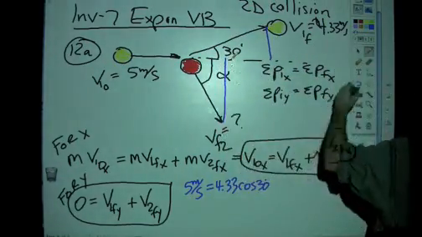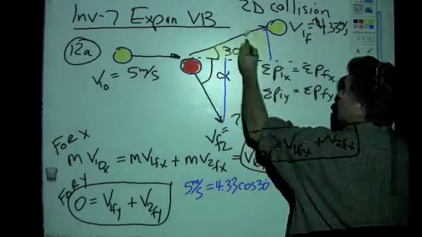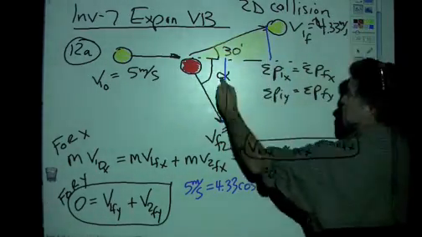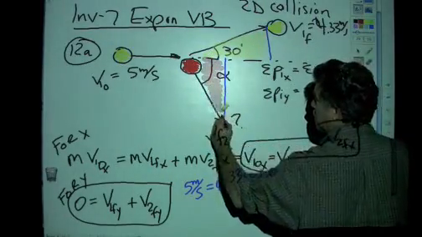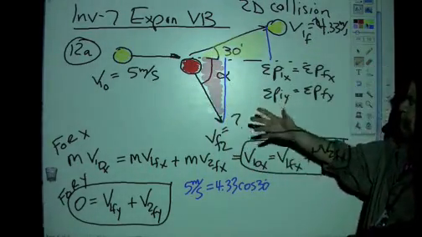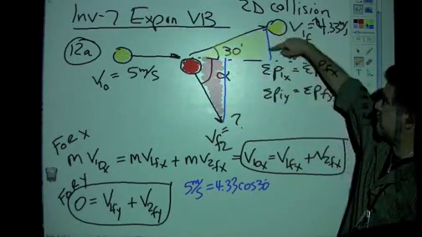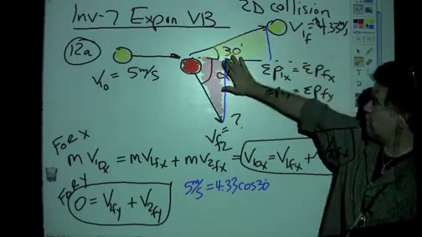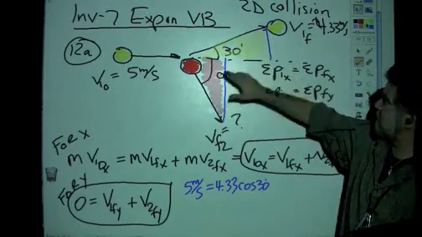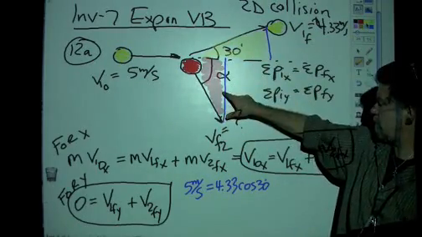I can make a yellow triangle and my red triangle. It turns out this is not drawn correctly, because this should be the same length as this, right? Because these two have to cancel each other.